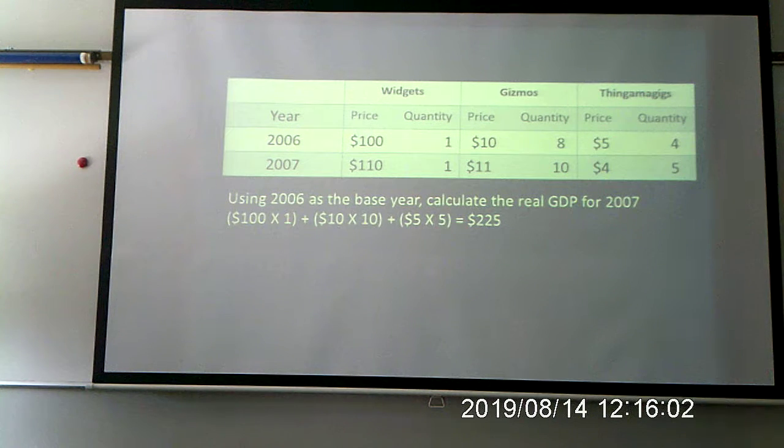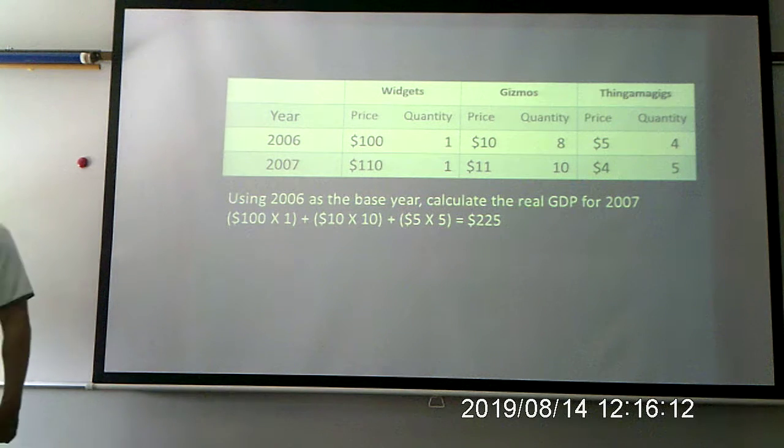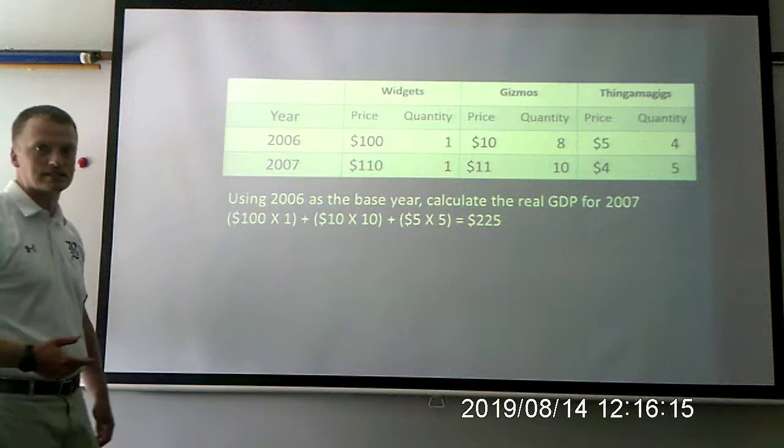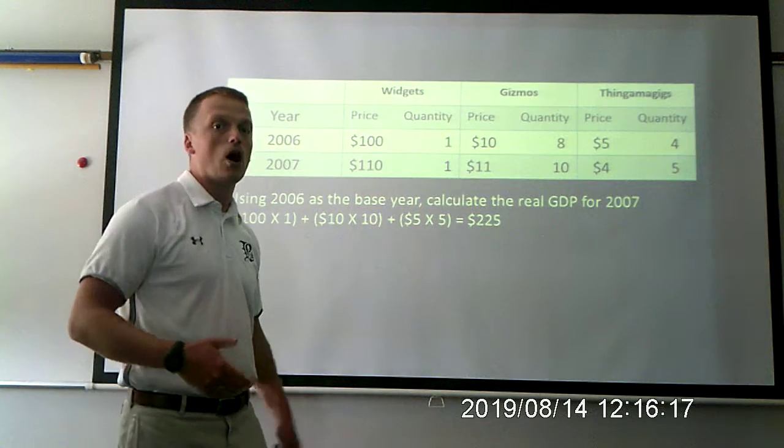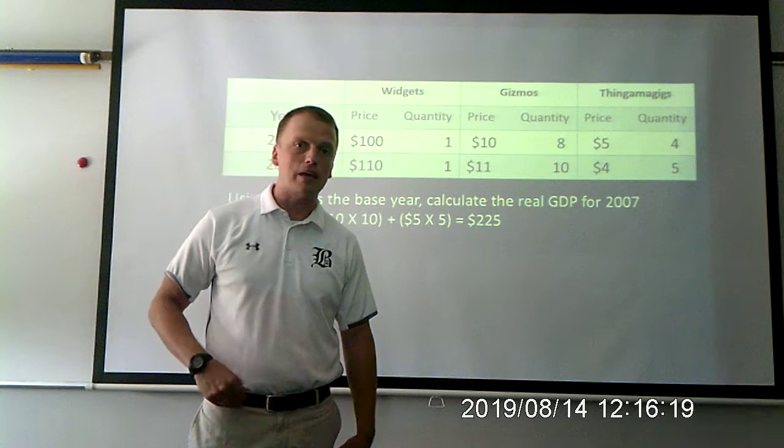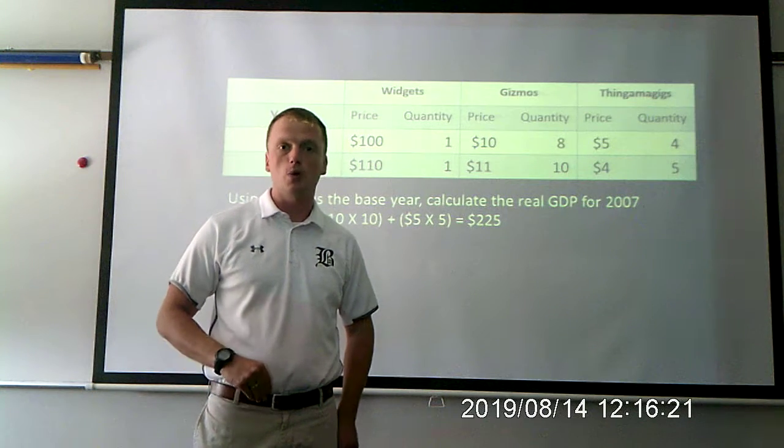I have the work there for you. If you didn't get it right, check yourself. 225 is what we've got for 2007. What would we have for 2006? Why didn't I put 2006 up there? Because it's the same as what we came up with before, 200.